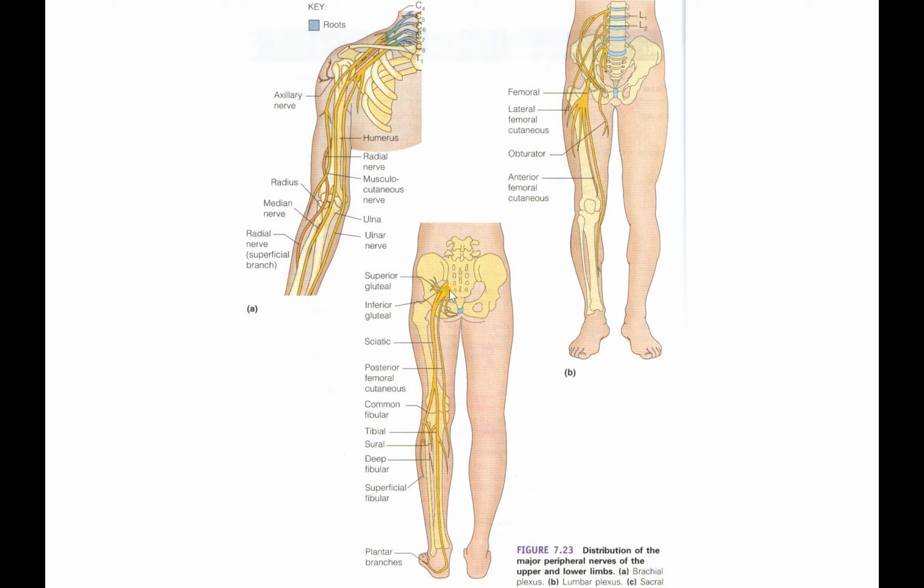And then we have the sacral plexus, including this big sciatic nerve. Okay, and then we'll name these again in another slide and dive into more detail of where they're coming from, where they're going, what they innervate, stuff like that.